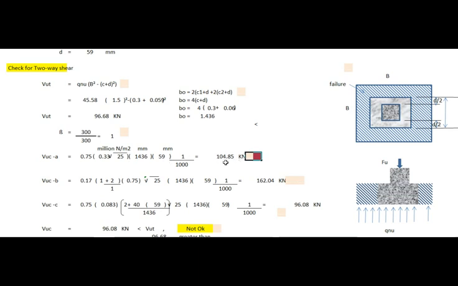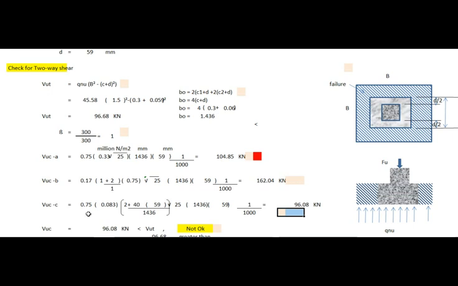The other side equation equals 104.85 kN. Shear capacity at B is equal to 0.17 times (1 plus 2 over 1) times 0.75 times square root of 25 times 1436 times 59 times 1 over 1000.